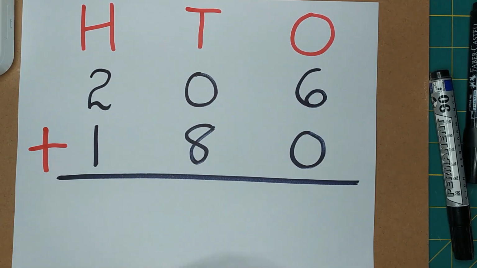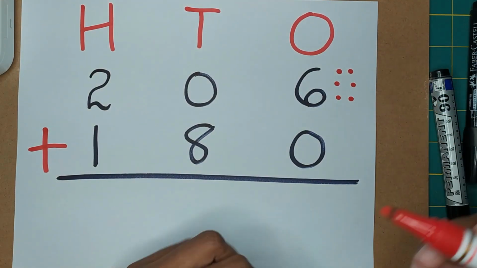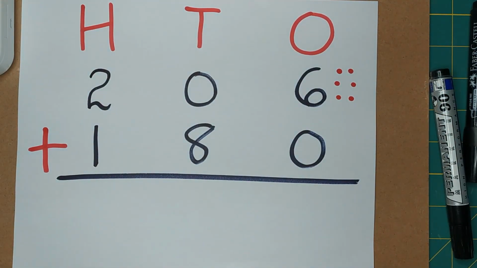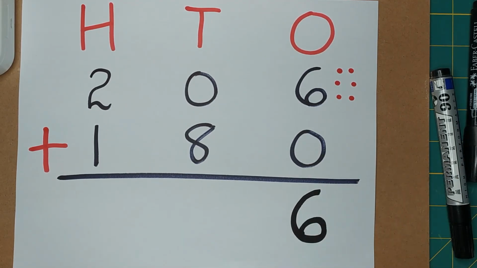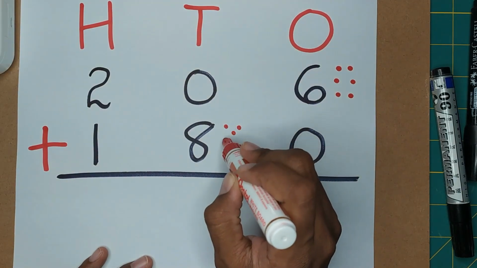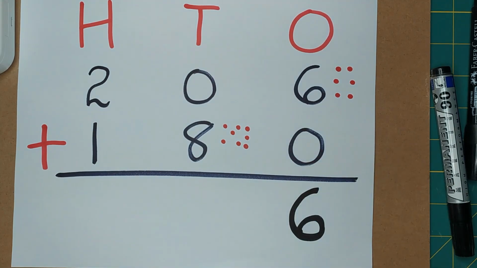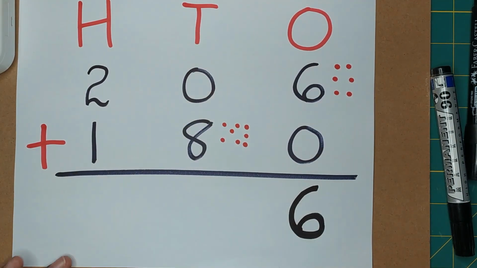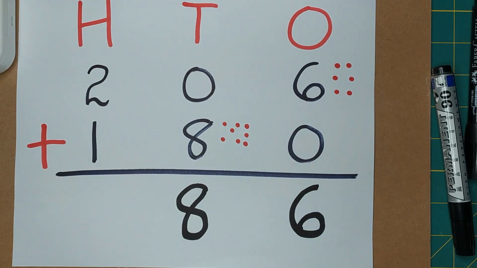When these actions are complete, you move on to the left to your next column, your tens column, where we have 0 add 8, and using the same rule, 0 add 8 equals 8. Because 0 add any number gives you back the same number. We move along to our hundreds column, where we have 2 add 1, which gives us 386.